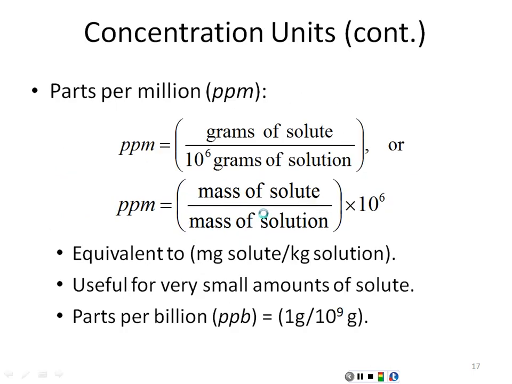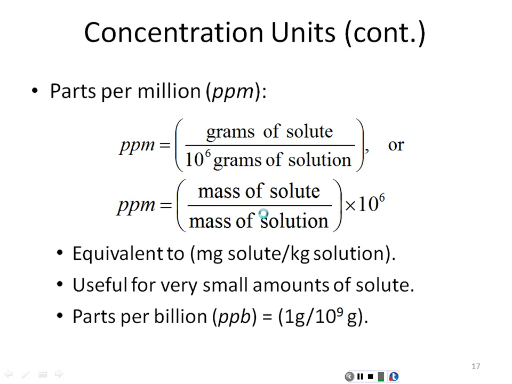A concentration unit that's based on mass would be ppm. ppm is grams of solute per million grams of solution. So we're really talking about the mass of the solute divided by the mass of solution. These are very useful for small amounts.